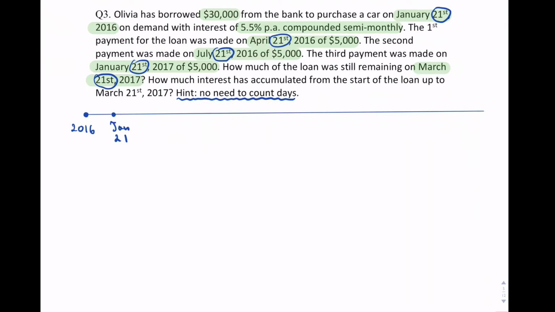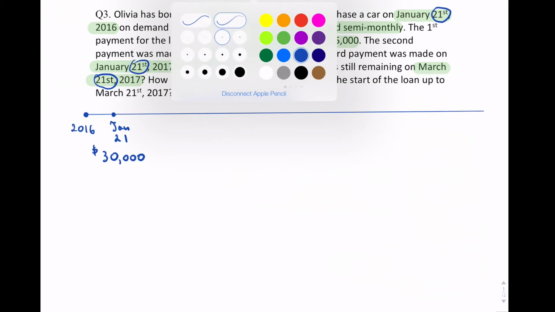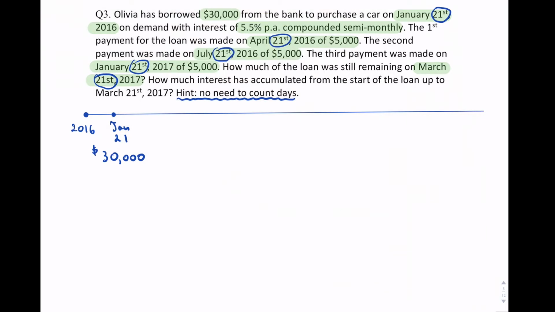So January 21st, that was the loan, and that was 30,000. Let me change color here, because now we have the payments. We have a payment in April, and I'm going to remove the 21st because they're all the 21st. April, and that was 5,000.